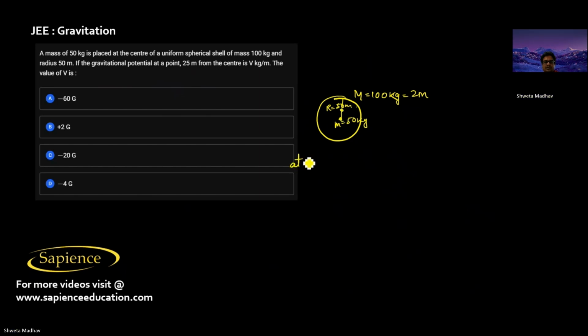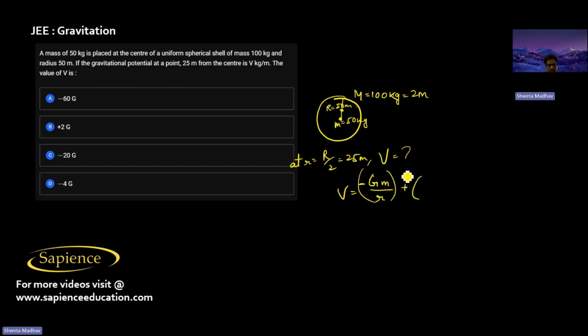At this point, at r equal to R by 2, which is 25 meter, we have to find out the net potential. So V will be equal to minus G m by r, then plus, due to the shell, that will be same as on the surface, minus G M by R, which is equal to minus G into 50 by 25 plus minus G into 100 by 50.